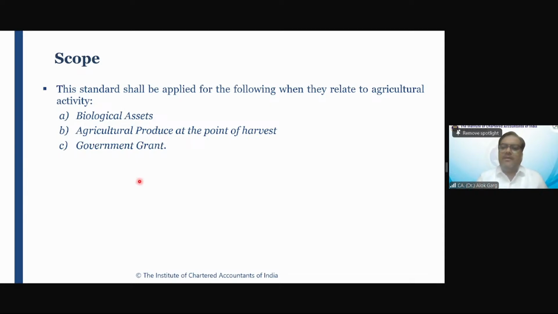Friends, there is an event management company that has purchased some animals. For example, a circus company. Have you heard about Cirque du Soleil? This is a circus company. Have you seen any circus? Yes.